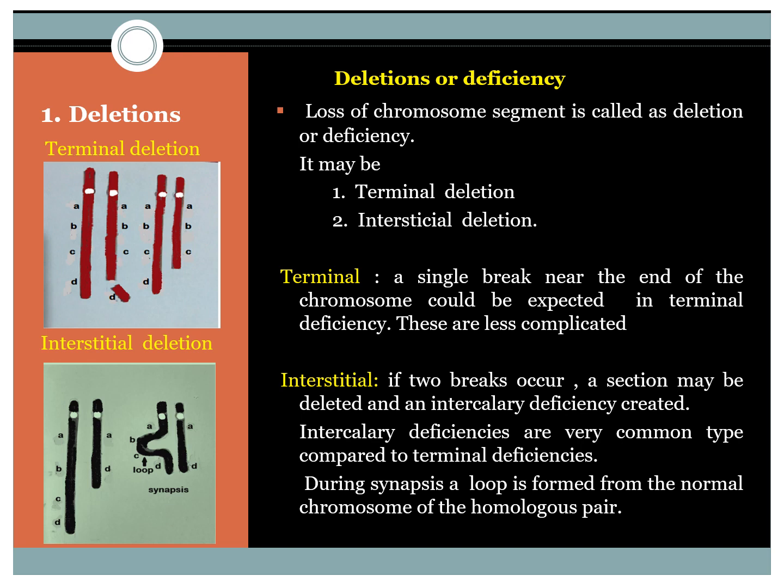Therefore, the terminal deletion occurs by a single break in the chromosome, in any terminal portion. See here, the terminal portion having the gene D is deleted and it becomes lost. This is the terminal type of deletion. And the second one is intercalary or interstitial deletion.